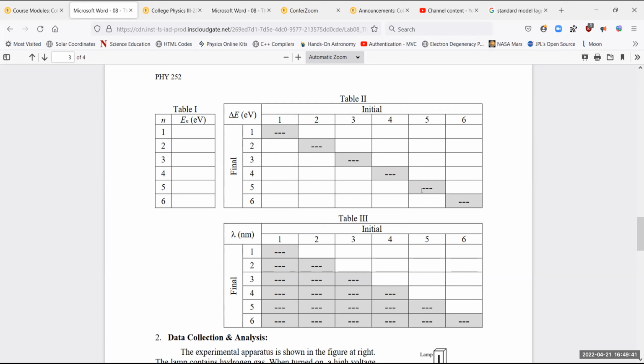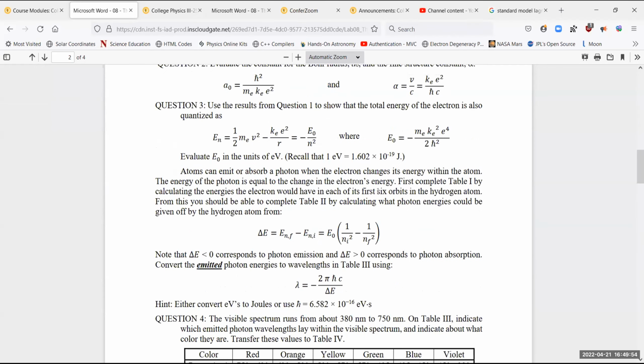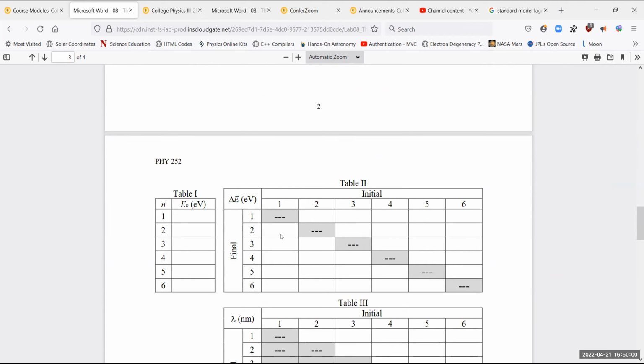Actually, this one is going to be negative, and this one is going to be, okay, the final is 2, and the initial is 1. So if the initial is 1, and the final is 2, this is going to be positive. This is going to be negative, and it's going to be the same value, okay? And the same thing for this one. Make sense on how to fill this table? It's delta E's, that's all.